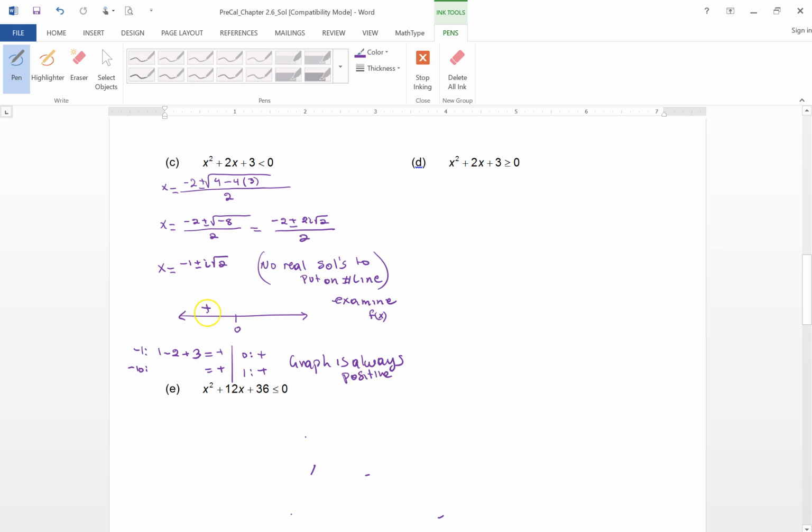That means I get positive here, I got positive at 0, I got positive after 0. All right, but what is my inequality asking me for? It's asking me for the region where this is less than 0. When is this ever less than 0? Never. That means it's no solution. Okay?